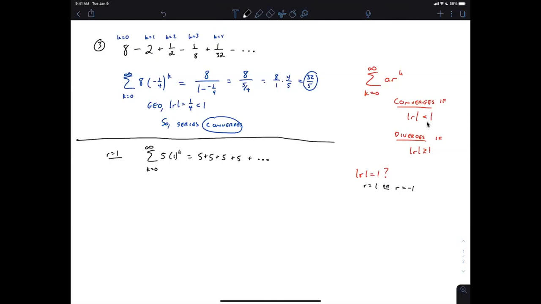Okay, so that's true if a is 5. What if a is really small? What if a is like 0.001 times 1 to the k, then that's 0.001 plus 0.001 plus 0.001 plus forever. Does that still diverge, or is that small enough to where it's going to approach a finite number?